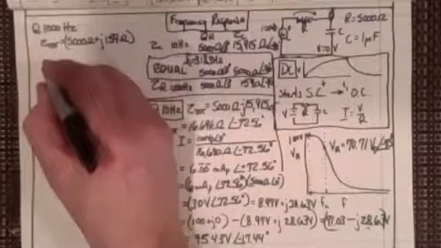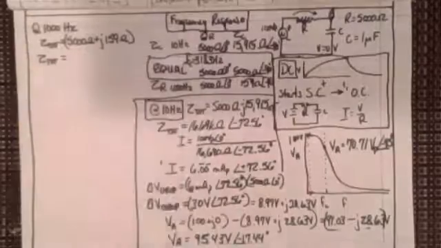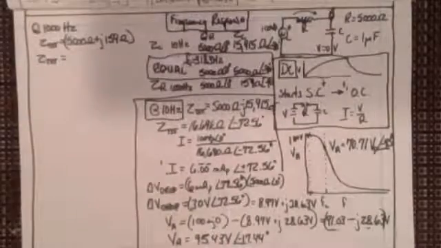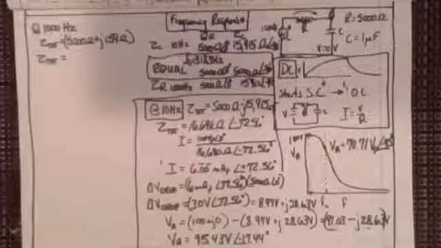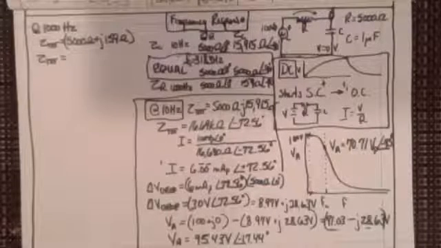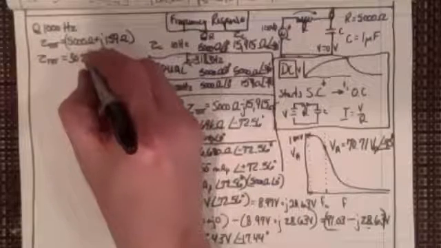And that's it. If I wanted to write the total impedance as a phasor rather than the complex number rectilinear form, a plus jb, it would be 5,000 squared plus 159 squared, taken to the square root, and that gives me 3,020.